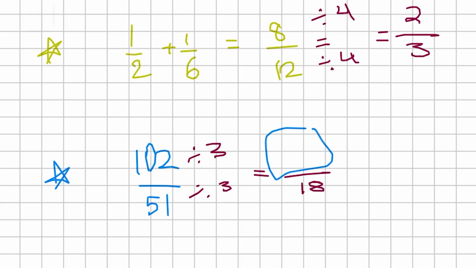What is the numerator? 34. And what is the denominator? It's not 18. 51 divided by 3, you get remainder 2, 20, 17, right? 17.